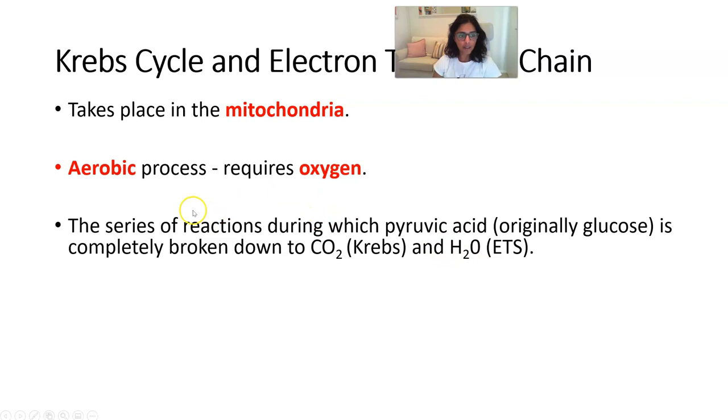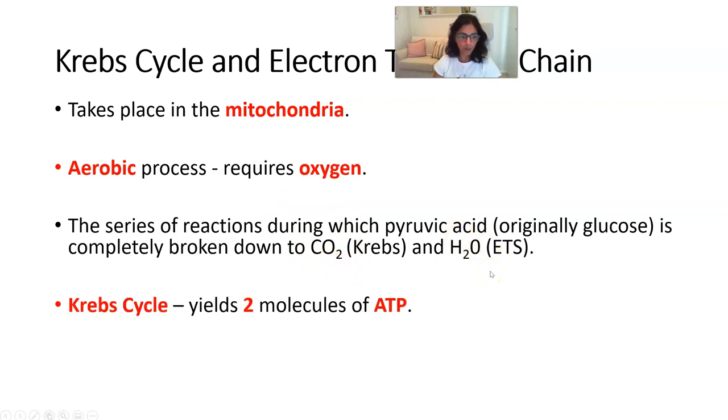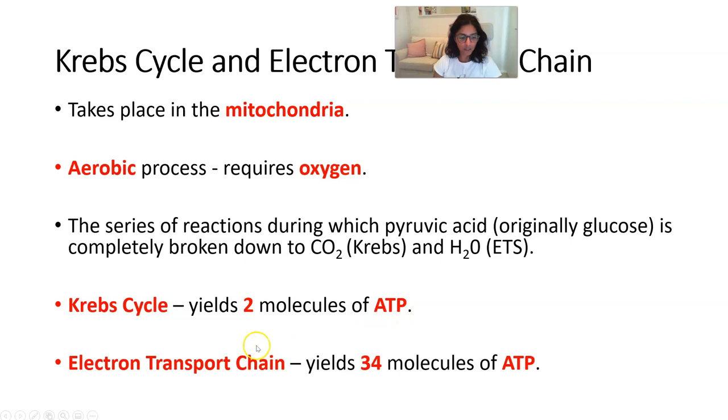So during the full breakdown of glucose, we get carbon dioxide and water forming as our metabolic wastes. The Krebs cycle will yield a further 2 molecules of ATP, and the electron transport chain can yield a further 34 molecules of ATP.